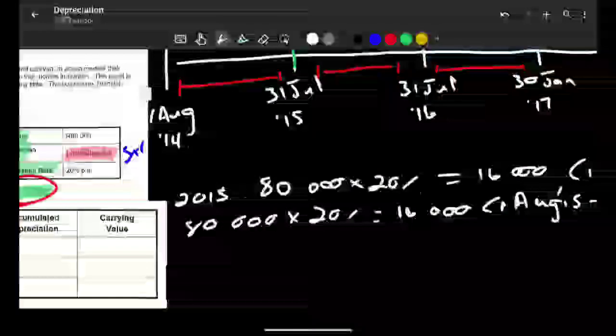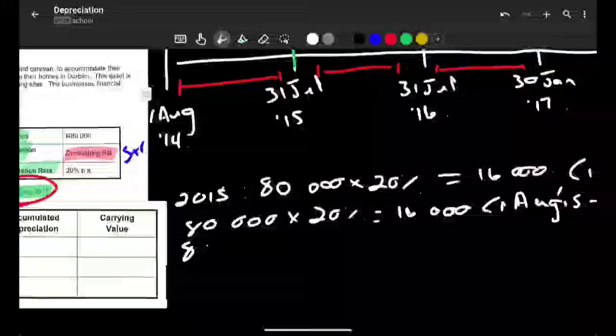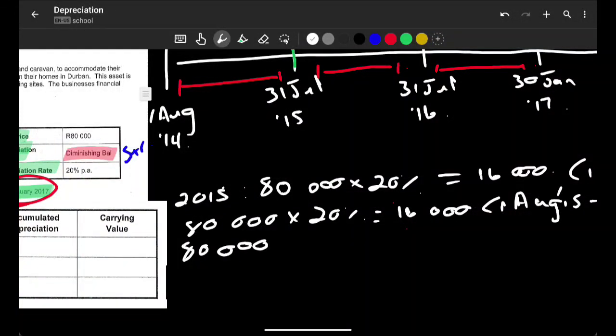So when it's 6 months, we have to specify that it is for 6 months.